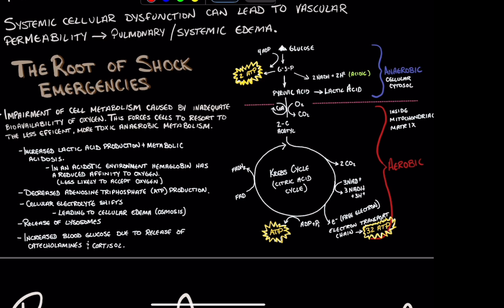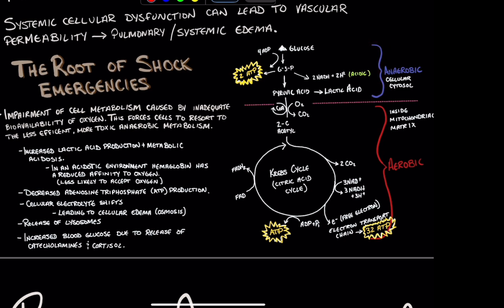It's not going to process the glucose itself, but a component of glucose after it's been partially broken down, and it requires oxygen to do that. So once that oxygen is not available, it forces the cell to resort to a less efficient, more toxic anaerobic metabolism.